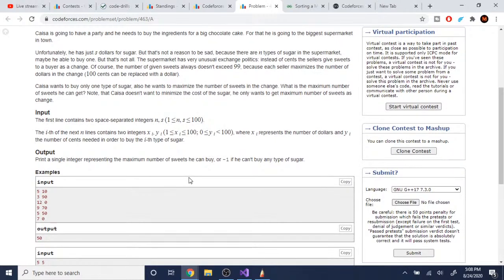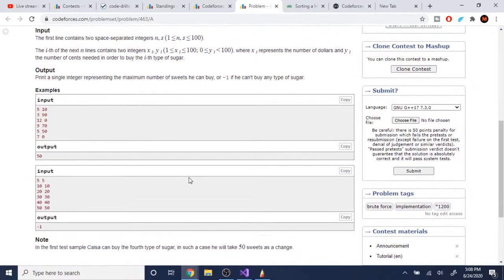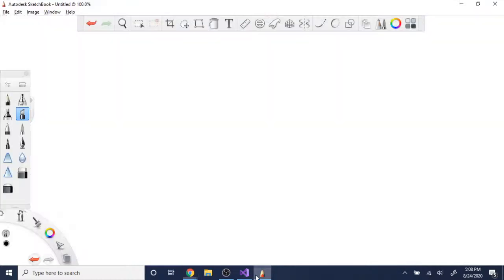He doesn't want to minimize the number of sugar. Yeah, okay, maybe making it into a double is better.